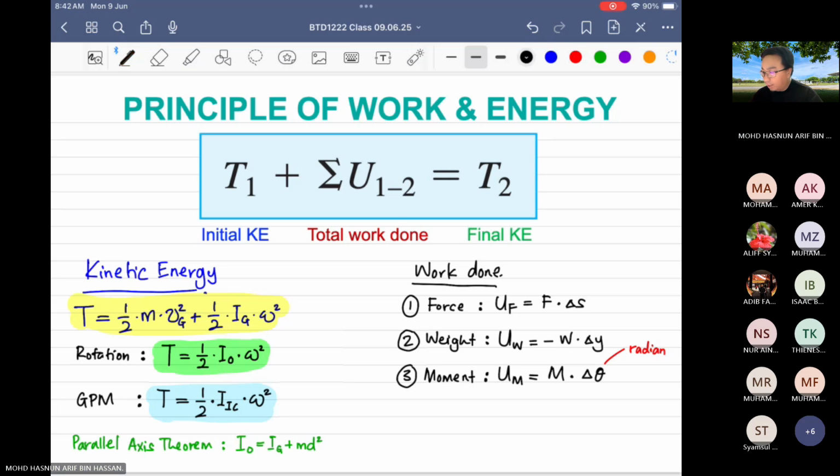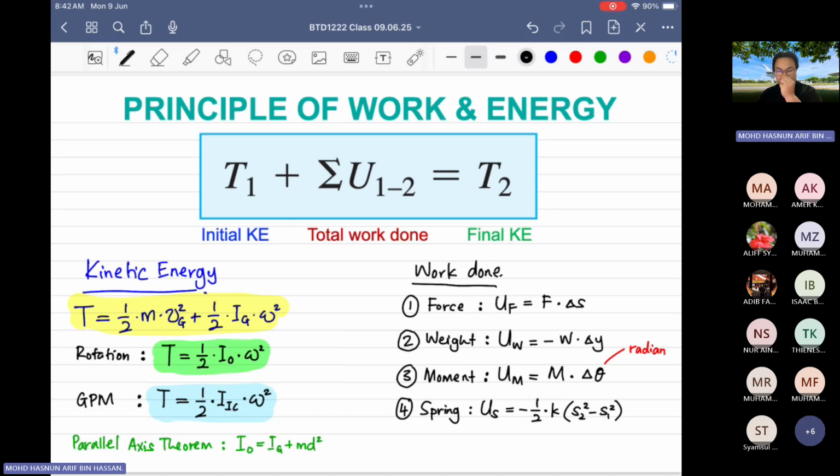And the last one that we have learned is work done by the spring, which is given by US equal to negative 1/2 times K, the spring constant, which is normally given in the question, multiplied with S2 square minus S1 square.